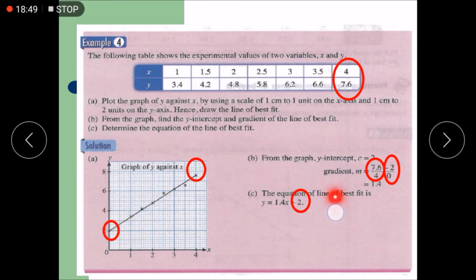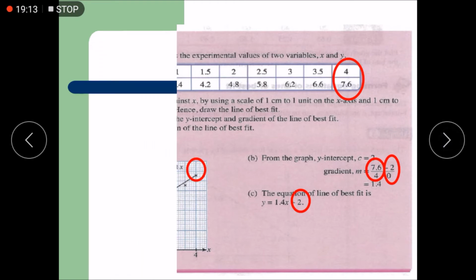Next time we won't leave the answer as a decimal like 1.4. Normally when we perform the equation, we don't leave it as 1.4, so maybe we can put it into a fraction. But it is okay, if you find 1.4, you substitute with 1.4, it's also not wrong. If you want to change to a fraction like the previous example, that's also fine.